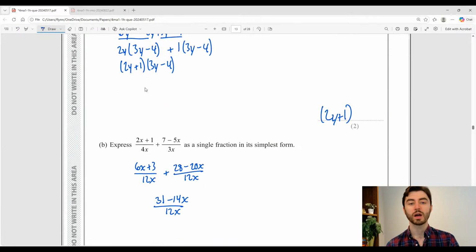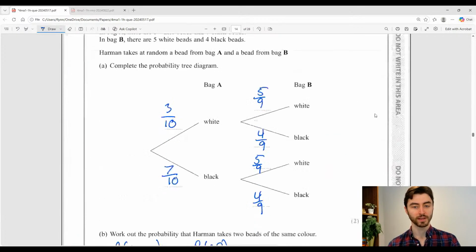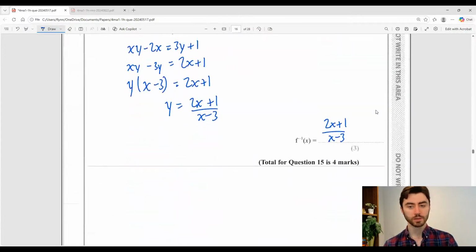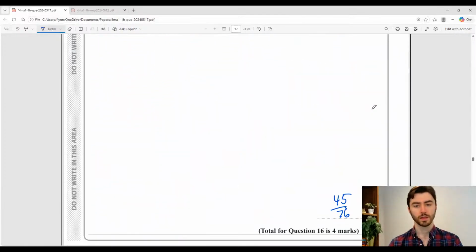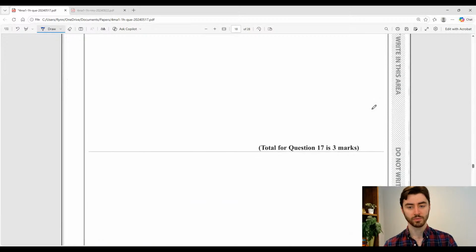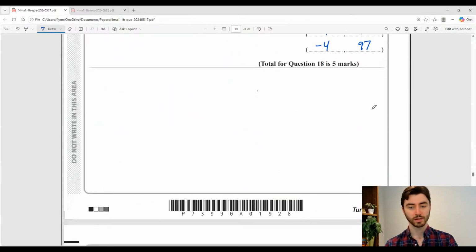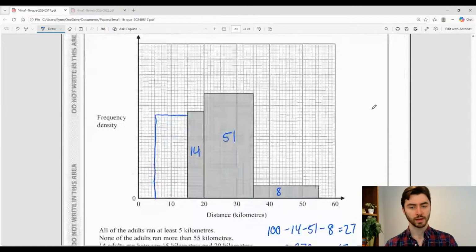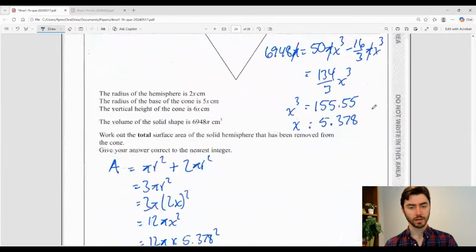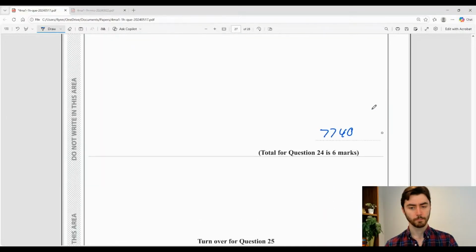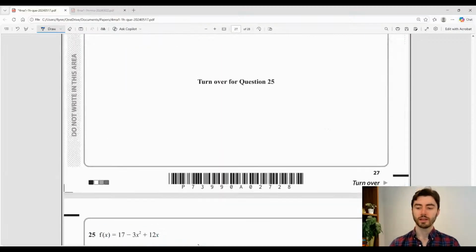Even though I know I would get the marks for having it there, just for my own mental security, I just want to have that feeling. 60, 90, 2, that 45 over thingy, 2 plus root 5. Yeah, this one didn't have one, which was weird, but I do have an answer. Answer submitted there, and there, and there, and there, and there, and there, and there. So I have answered every part of every question.